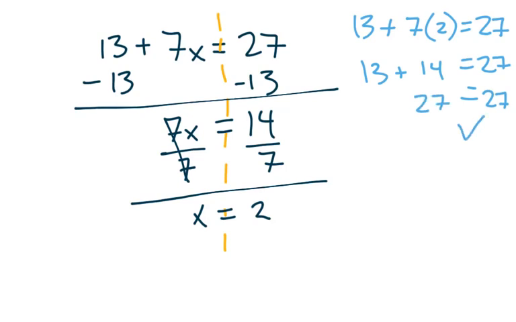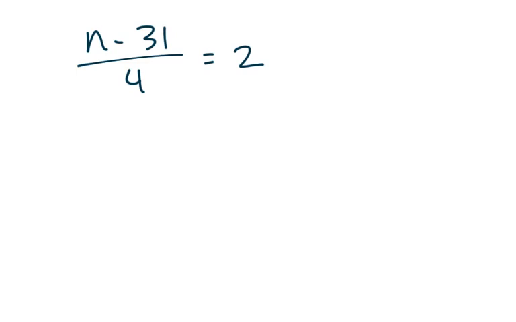Okay. Next. Okay, I know that this one looks really hard, but it's not. But what you need to do is you need to move this 4 to the other side first. Okay? Normally we've been adding or subtracting first.